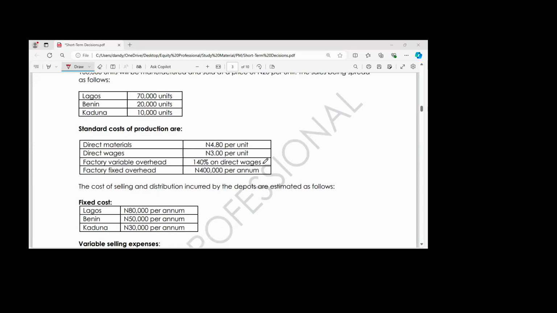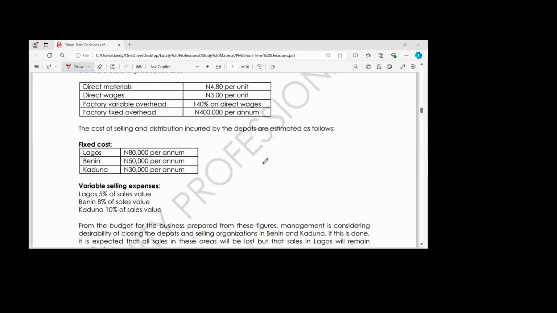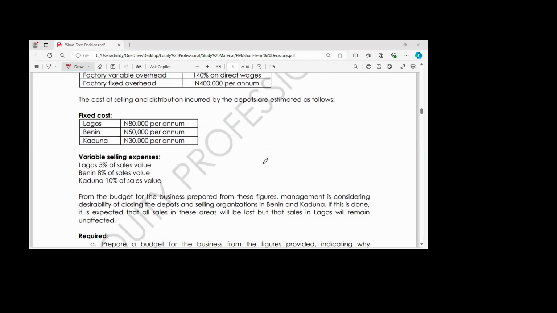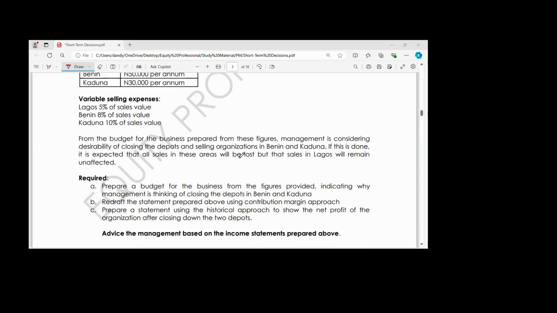Standard costs of production are direct material, direct wages, factory variable overhead, factory fixed overhead. The costs of selling and distribution incurred by the depots are estimated as follows: Lagos 80,000 per annum, Benin 50,000 per annum, Kaduna 30,000 naira per annum. Variable selling expenses: Lagos 5% of sales value, Benin 8% of sales value, Kaduna 10% of sales value.